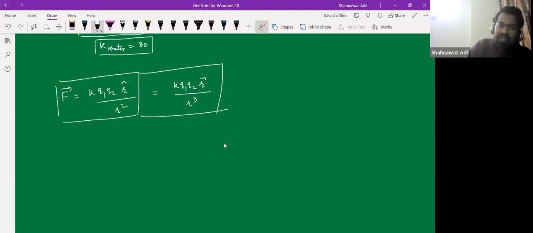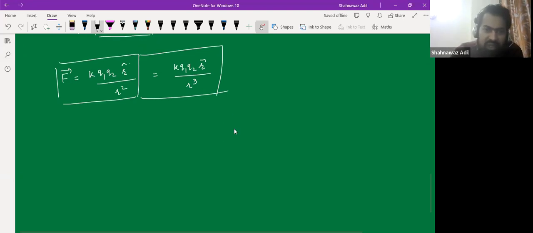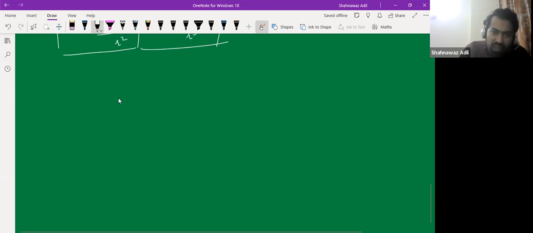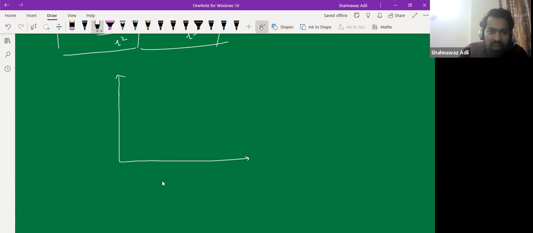And if we write the position vector, then how can we write this thing? So let's say you have these x and y coordinates, right?